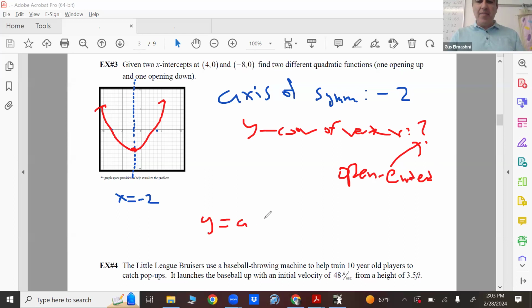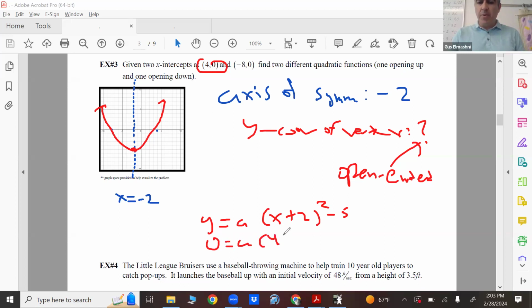Y equals a(x plus 2) squared minus 5. How would I solve for a? How can I solve for a, guys? So what we could do is plug this in for x and y and solve for a.